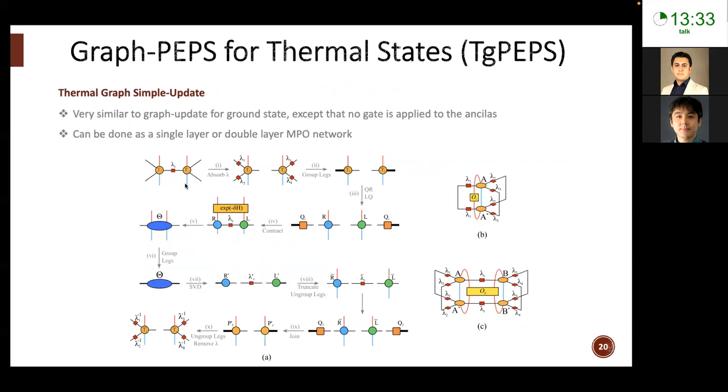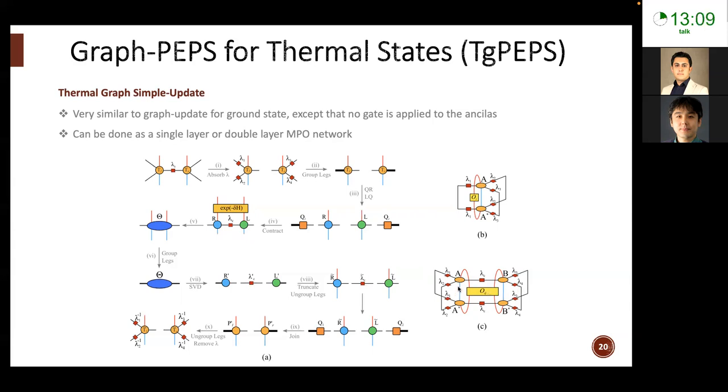Here, you only carry the ancillary degree of freedom, and you basically apply the imaginary time evolution gate only on the physical degree of freedom. However, the delta here is half of the delta that you use in the ground state simulation. In the end, after the simulation, you could also calculate the expectation values of local or two-body operators very similar to the ground state case.